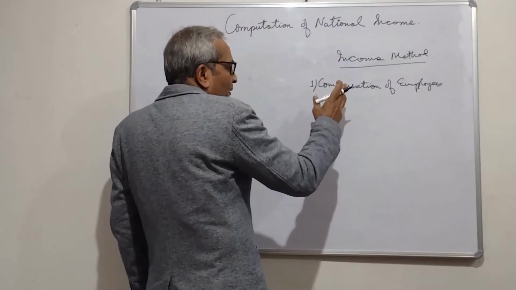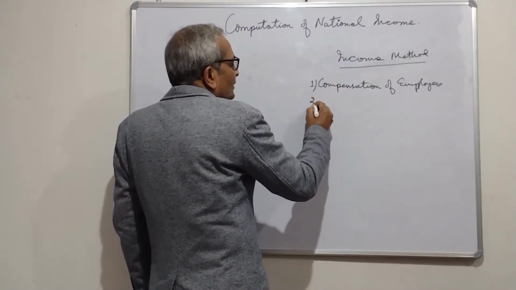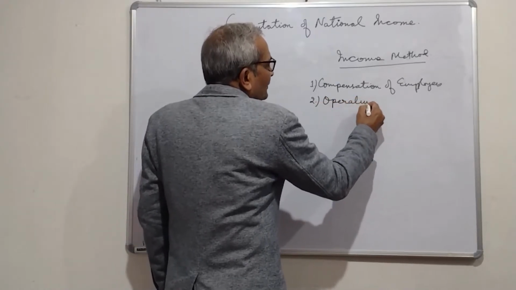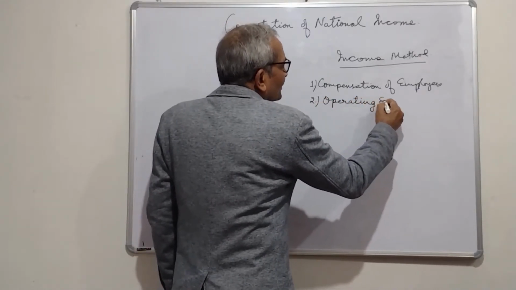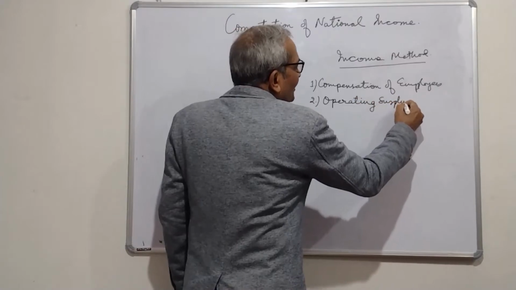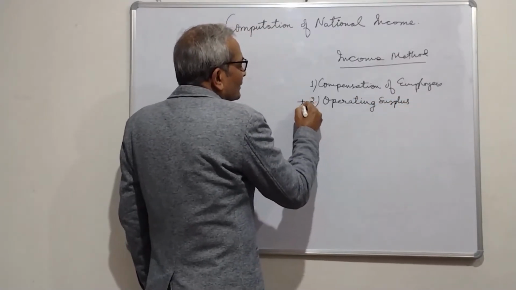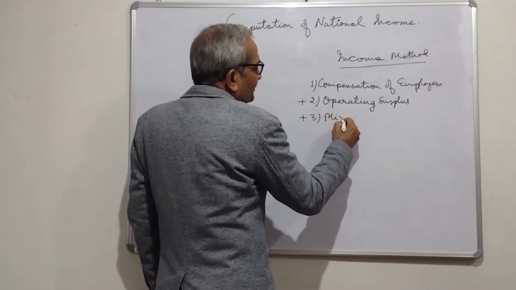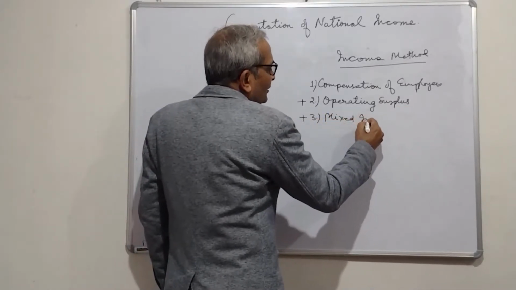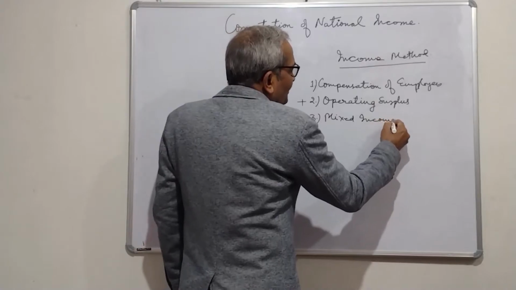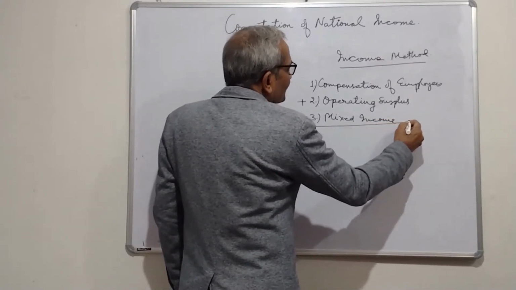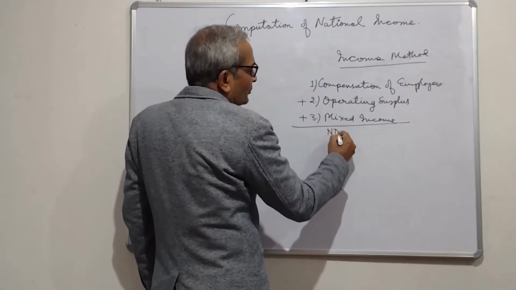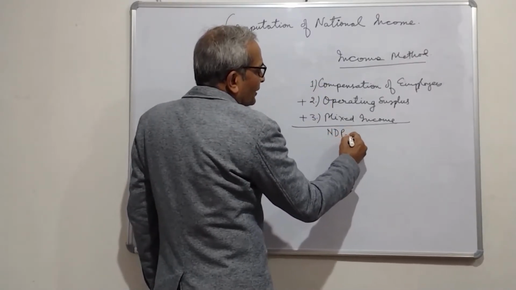So that is compensation of employees. Second is operating surplus. Then we add mixed income to it, and when we add up these three, we get net domestic product at factor cost.